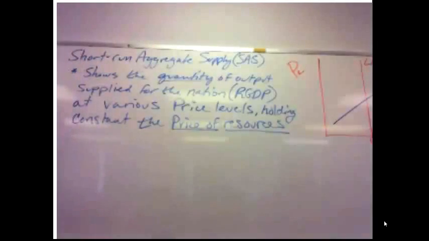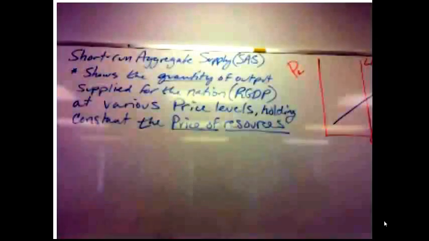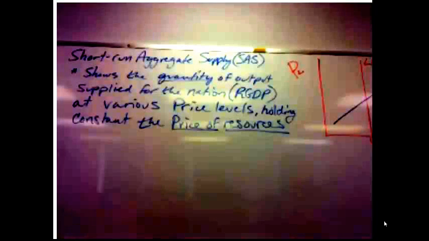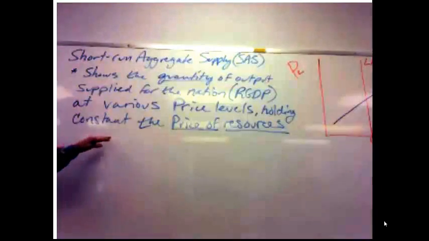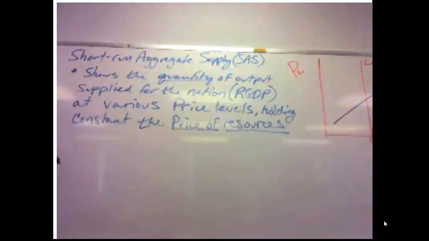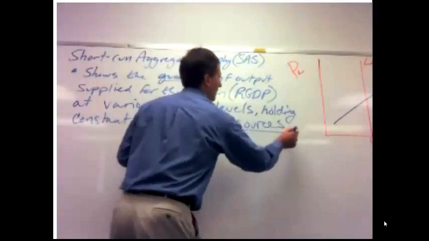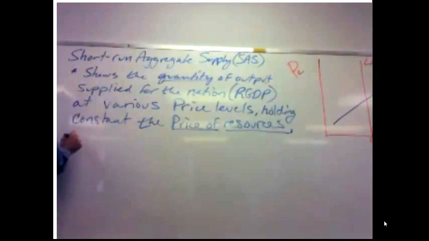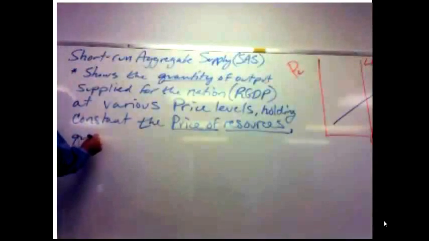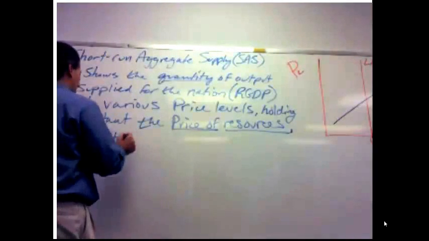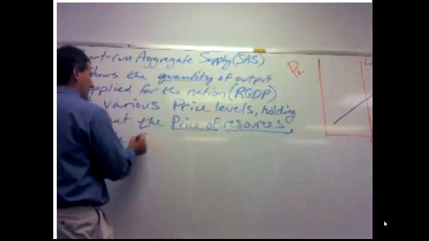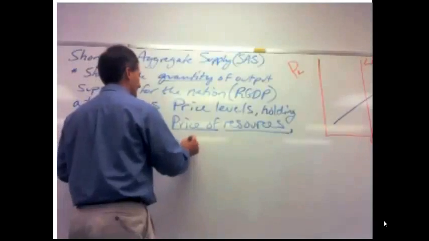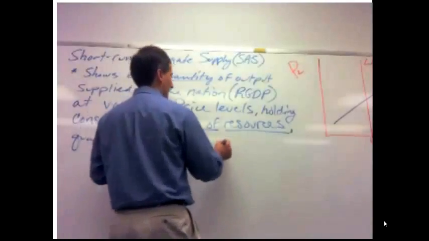So we're not letting all prices change, just the prices of outputs. Holding constant the price of resources and the quantity of resources and technology.